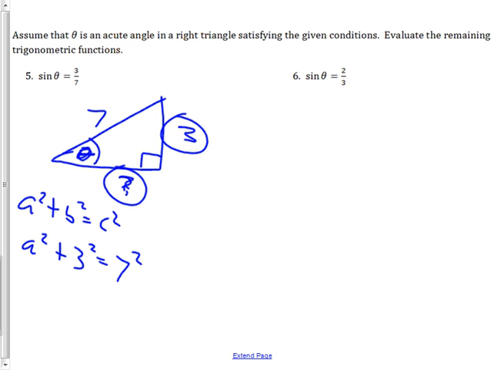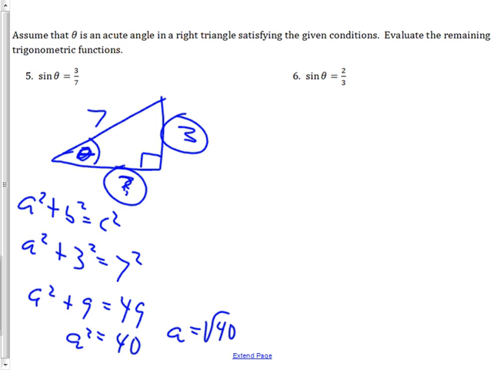So then a squared plus 9 is equal to 49. Subtract 9 from both sides. A squared is 40. And so the final answer for a would be the square root of 40. Technically, plus and minus the square root of 40. But since this is a real triangle that can't be negative, this side right here is the square root of 40.